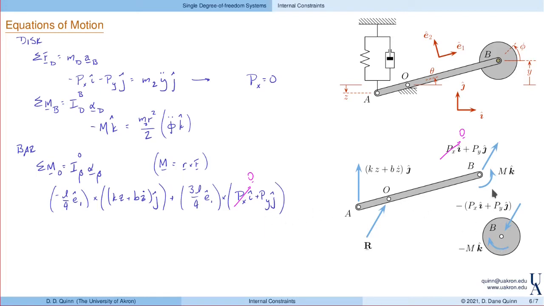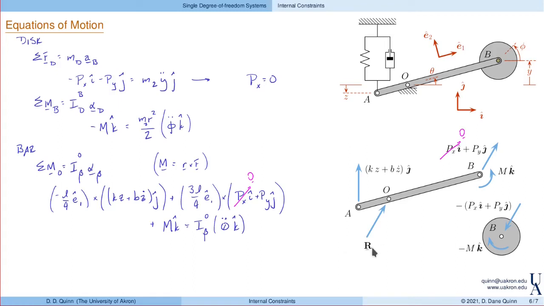And then finally, I have the reaction moment. That's going to be m in the k direction, which is equal to the moment of inertia of the bar about point O times theta double dot in the k direction.